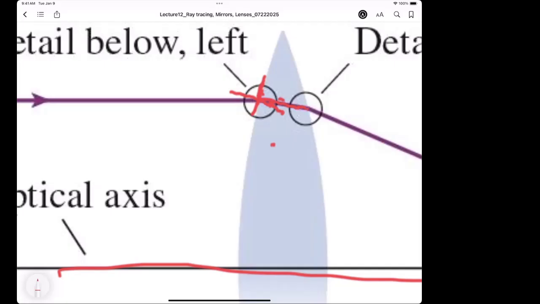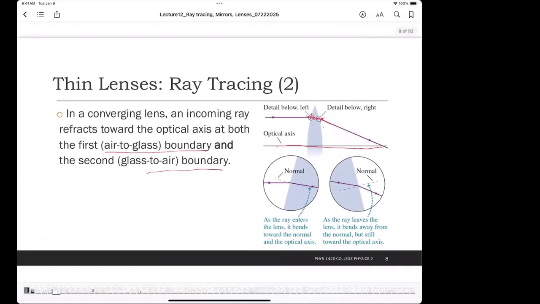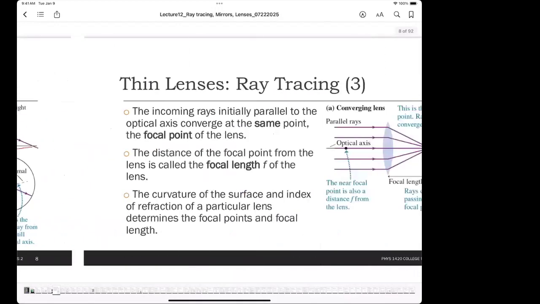From this one to this one, the angle will become smaller, which means the other angle will become bigger. So this one should be bigger than the other one, and then it will go in this direction. Does this make sense to you? This is for a convergent lens.